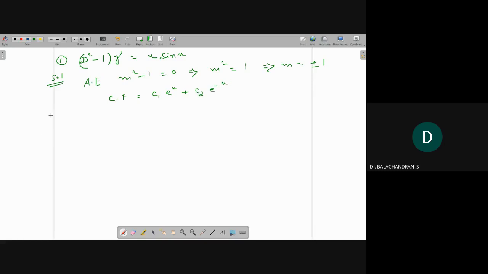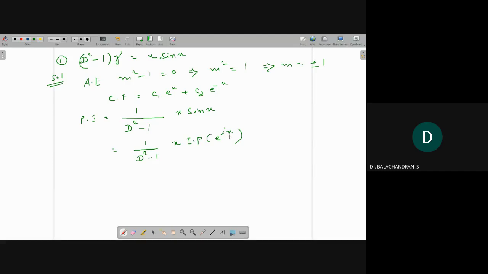And then PI equals 1 by D square minus 1 into x into sin x, which is 1 by D square minus 1 into x into the imaginary part of e power ix.